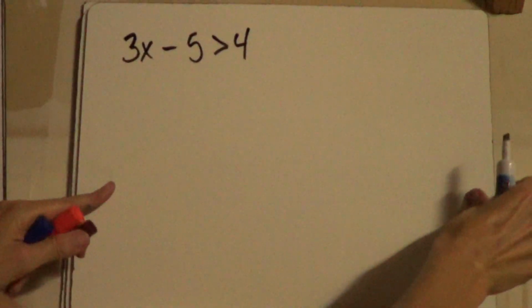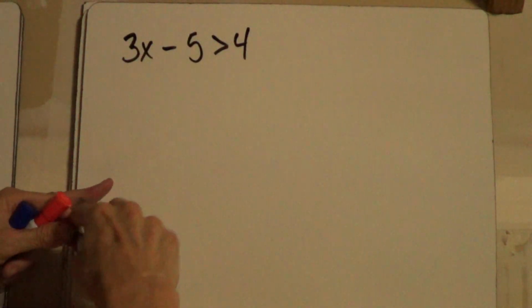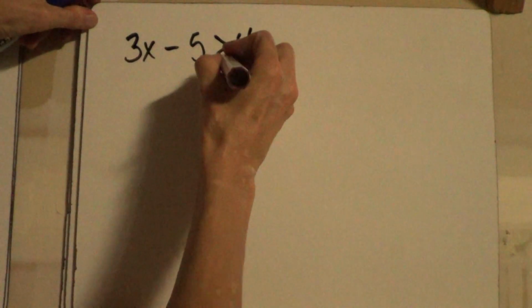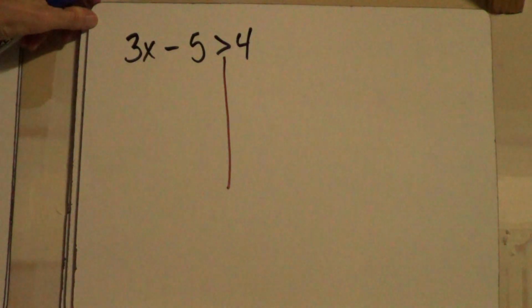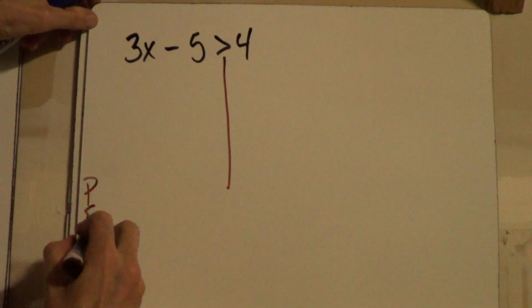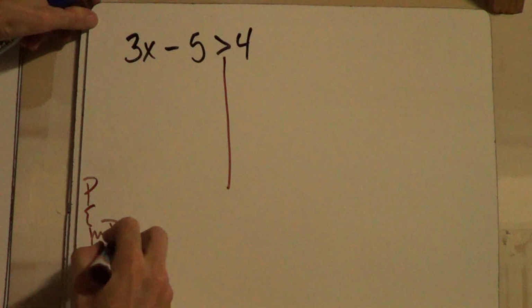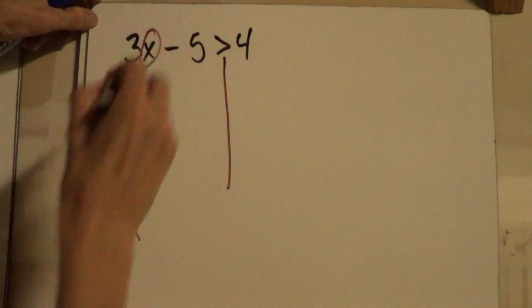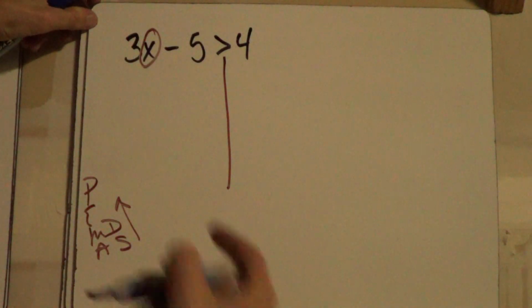So nothing real new today in solving these problems. Just like yesterday, I expect you to draw the line where the inequality is, and we go up our PEMDAS. First rung is add, subtract, so we circle our creepy dude and we say what's being added or subtracted to him.